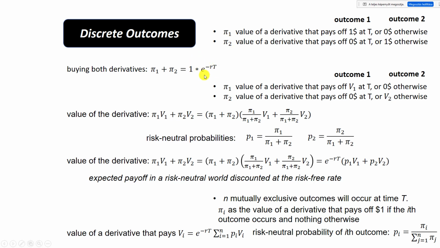So this is also an important lesson here, because after that, when I say, okay, I will get not 1, but V1 and V2 payoffs, then the value of the derivative will be immediately different.